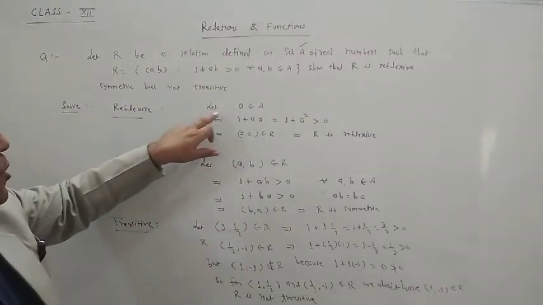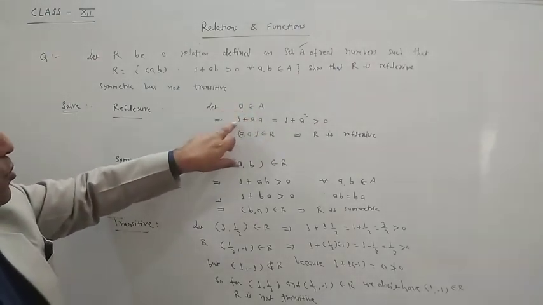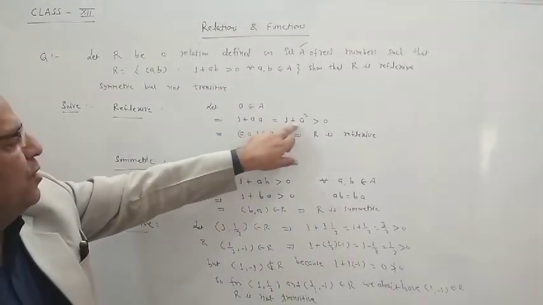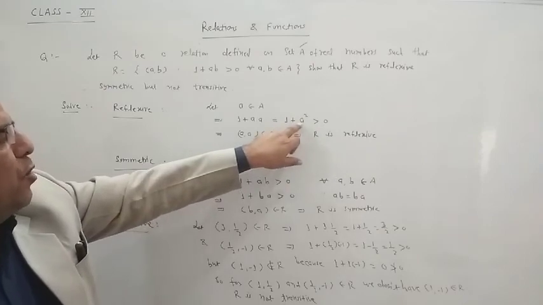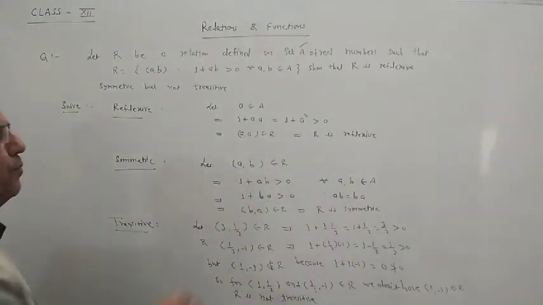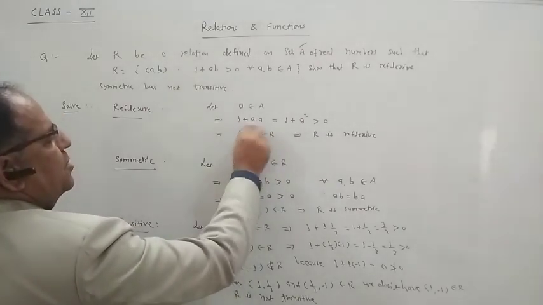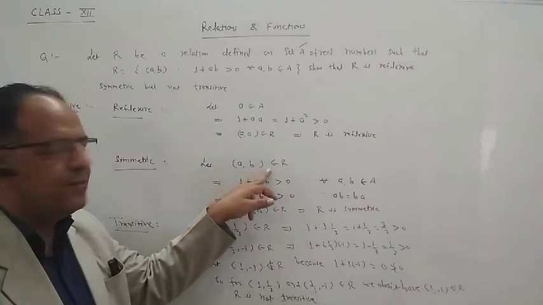For the reflexive relation, we take one element a of set A, which is certainly a real number. So 1 plus a into a is equal to 1 plus a square. The whole value is always positive because the square of a real number is never negative. So (a, a) belongs to R because (a, a) satisfies this condition. So R is reflexive. Again we take symmetric.